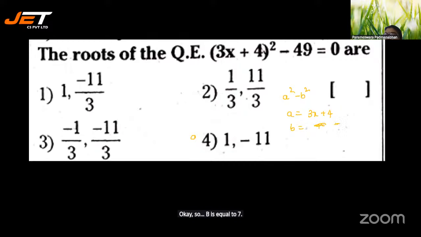So what is a square minus b square? The formula is (a plus b) into (a minus b).